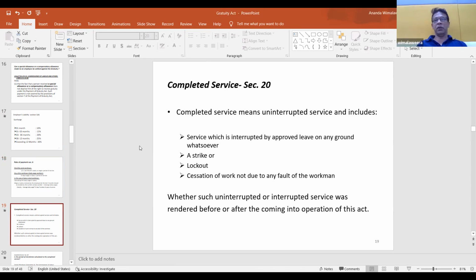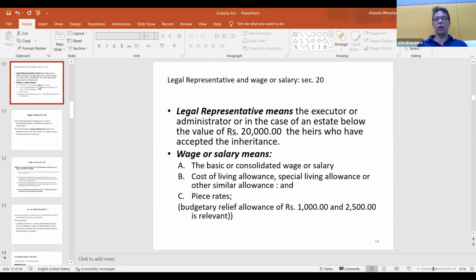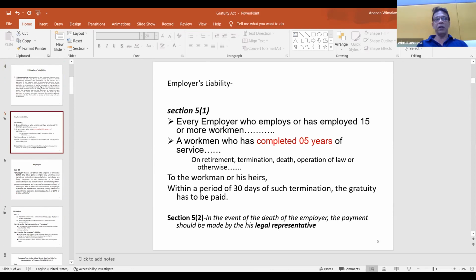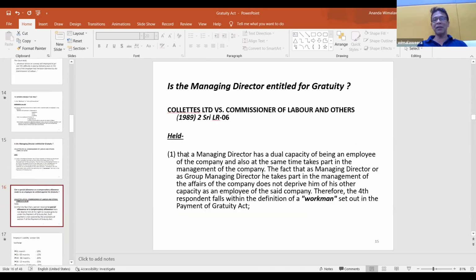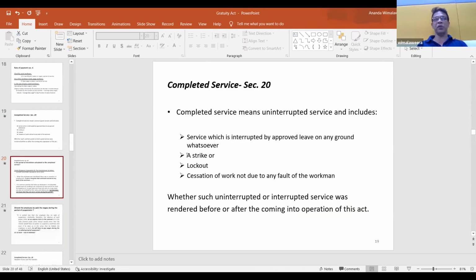Now, what do we mean by completed service? Here, at the beginning: a workman who has completed 5 years of service. For the entitlement of gratuity, a workman must complete 5 years of service.